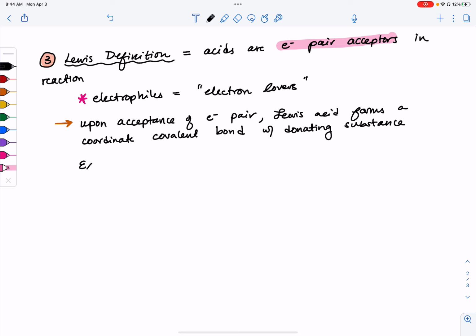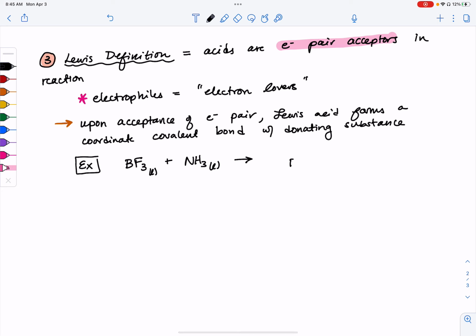So I think this is best illustrated by an example, even though, like I said, we're not really going to be talking about Lewis acids in at least 210. So let's look at the reaction of BF3 and ammonia. So this reaction is a synthesis reaction.